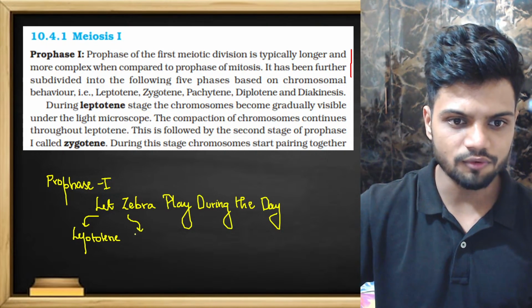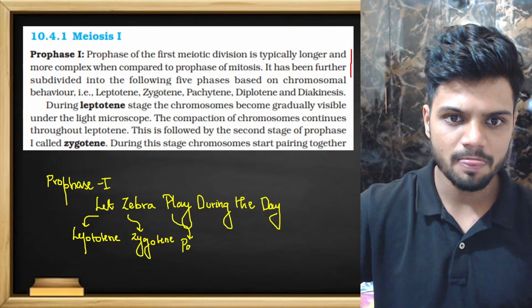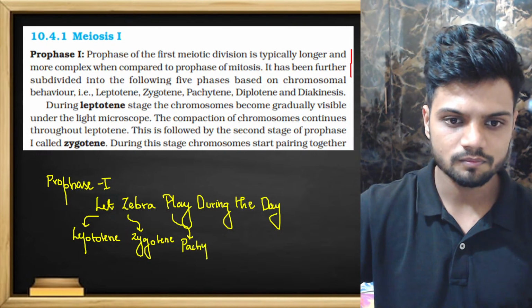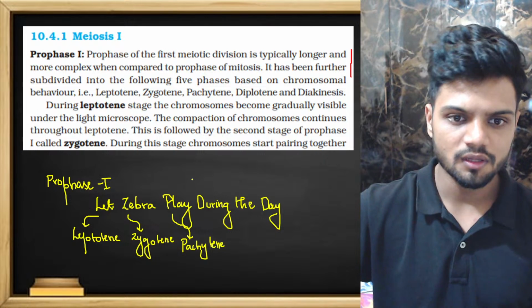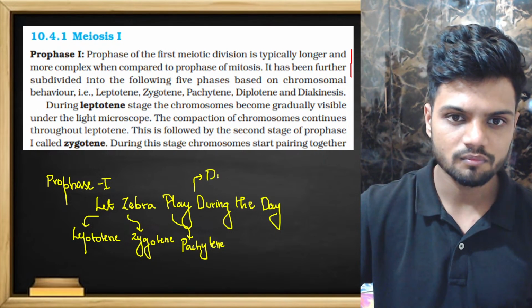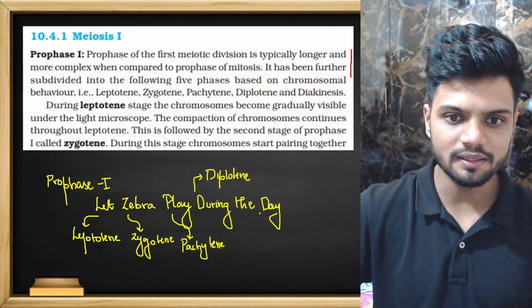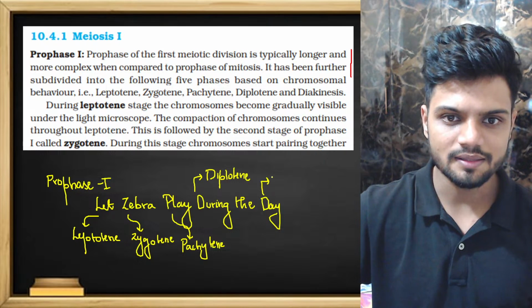The Z stands for zygotene. The P stands for pachytene. The D stands for diplotene. And the final D stands for diakinesis.